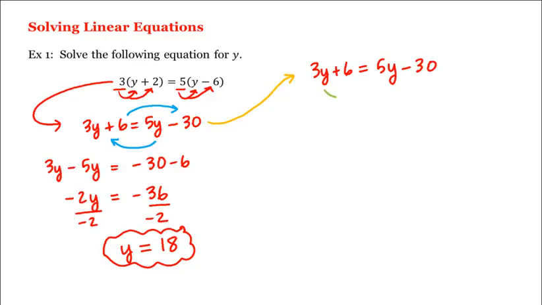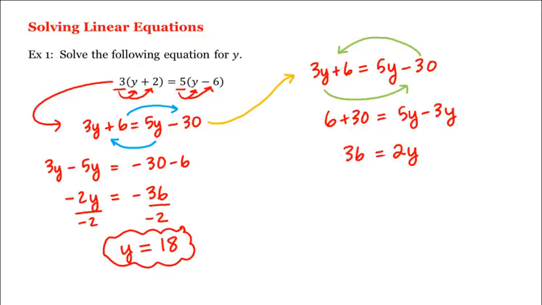But now if we bring the 3y to the right and the negative 30 to the left, we get 6 plus 30 is equal to 5y minus 3y, or 36 is equal to 2y. And now dividing by 2 gives us the same answer of y is equal to 18. But we didn't have to work with all those negatives.